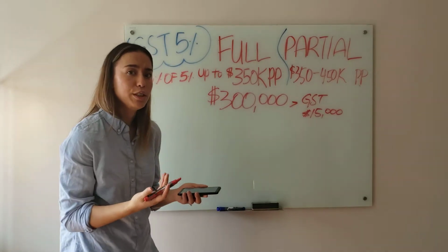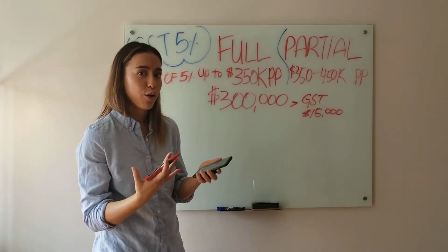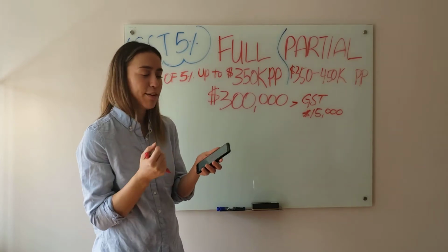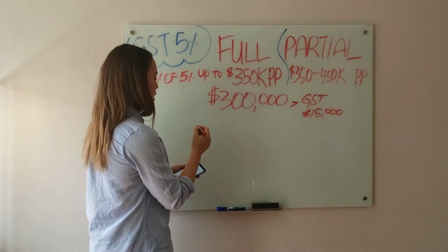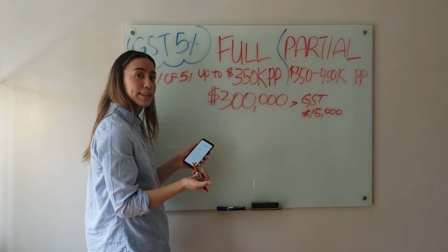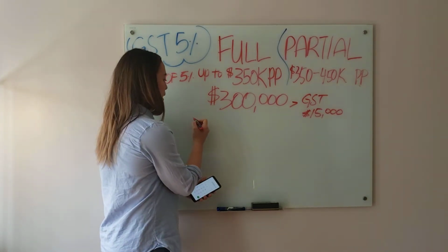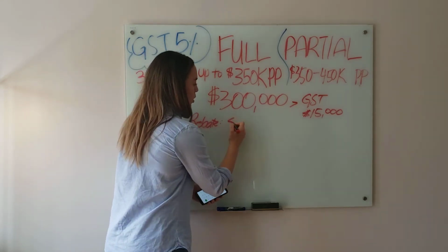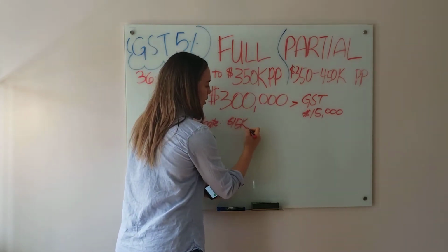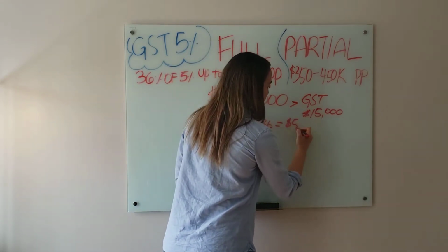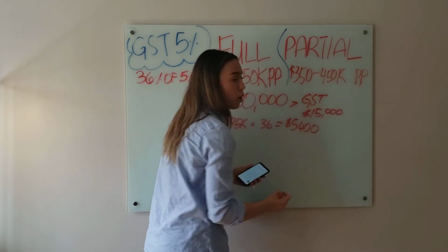So then what do you have to do? You have to calculate what 36% of that GST is. So you take $15,000 and you times it by 0.36, so 36%, and you get a rebate of $5,400.